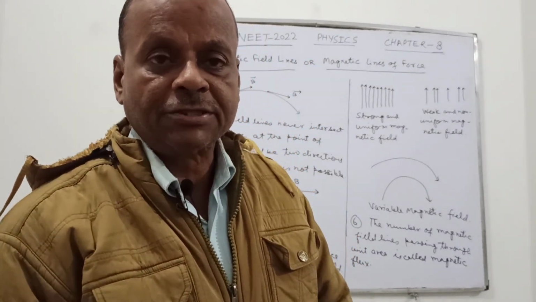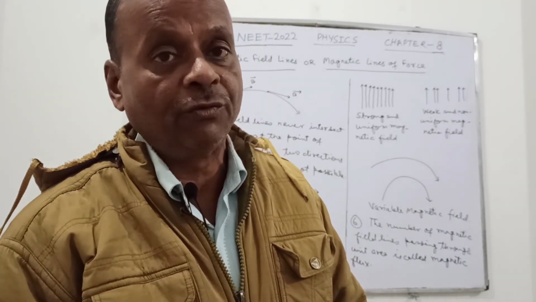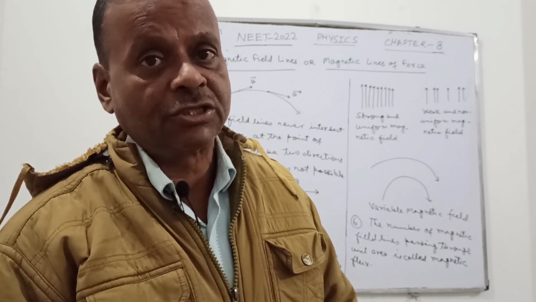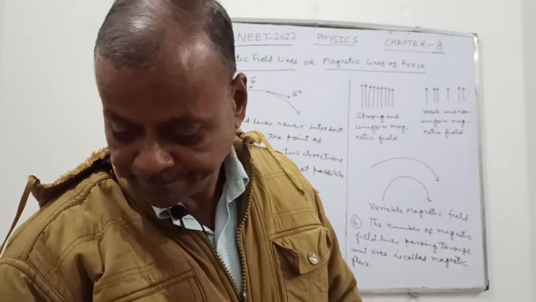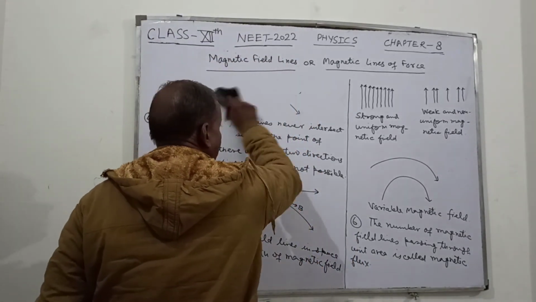These lines always originate perpendicular to the north pole and terminate at the south pole, which is in the perpendicular position. So now we have one more characteristic of this one.